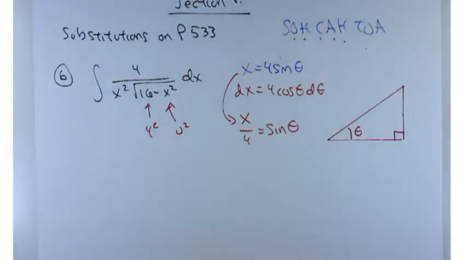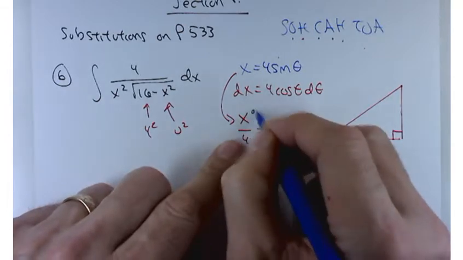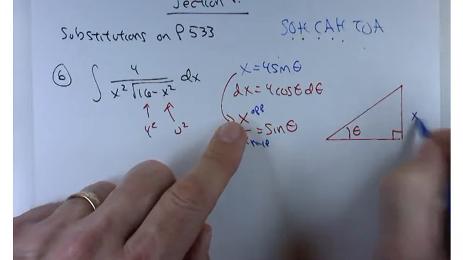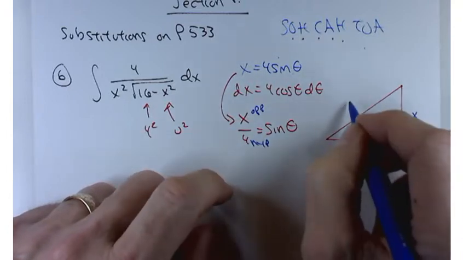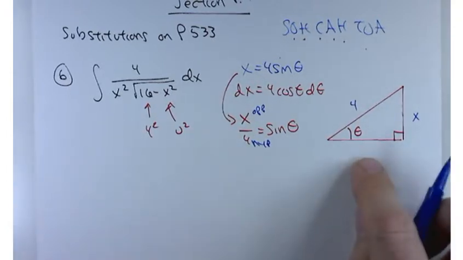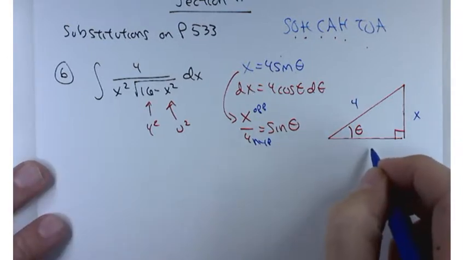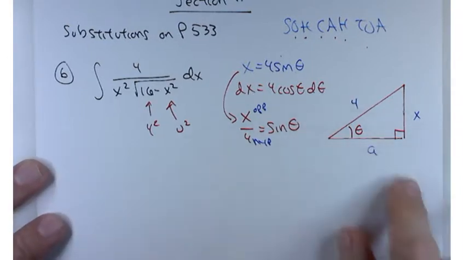So sine is the opposite over the hypotenuse. So that makes the opposite side x, the hypotenuse side 4. Question is, what's the length of that side going to be? Let's just put a variable here and then solve for it to show you that we get this.